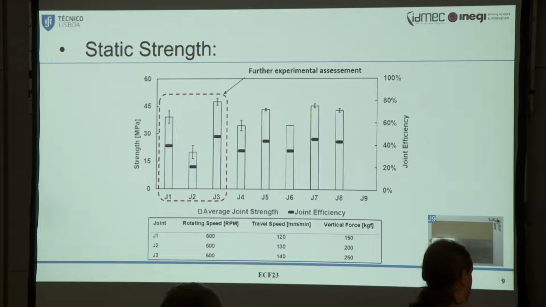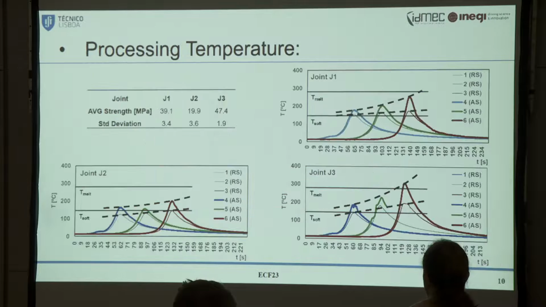The worst was for joint number 2. And we decided to analyze 3 different conditions, the best one, the worst one, and an intermediate one, to compare in terms of the fracture surface and in terms of the properties.